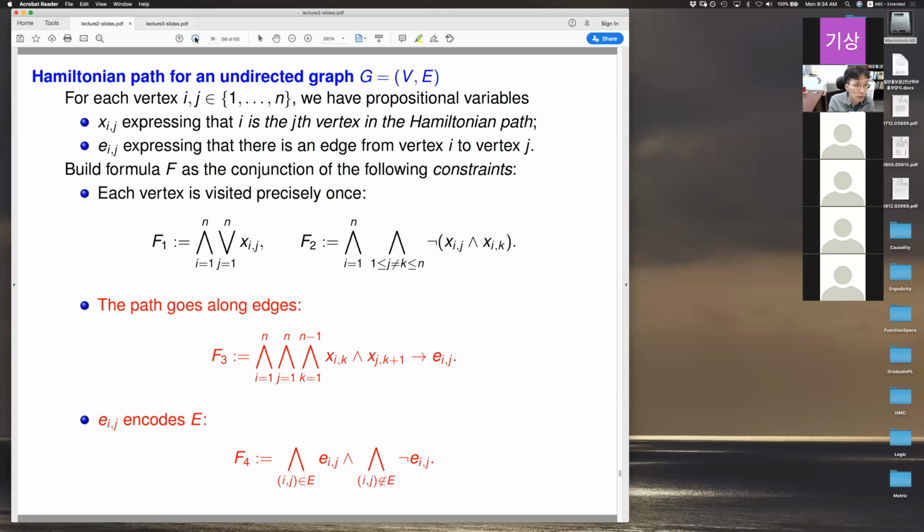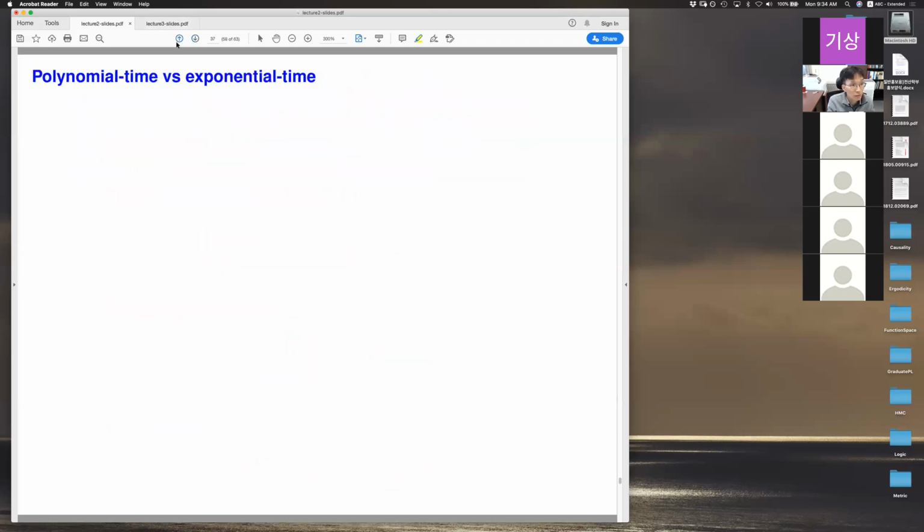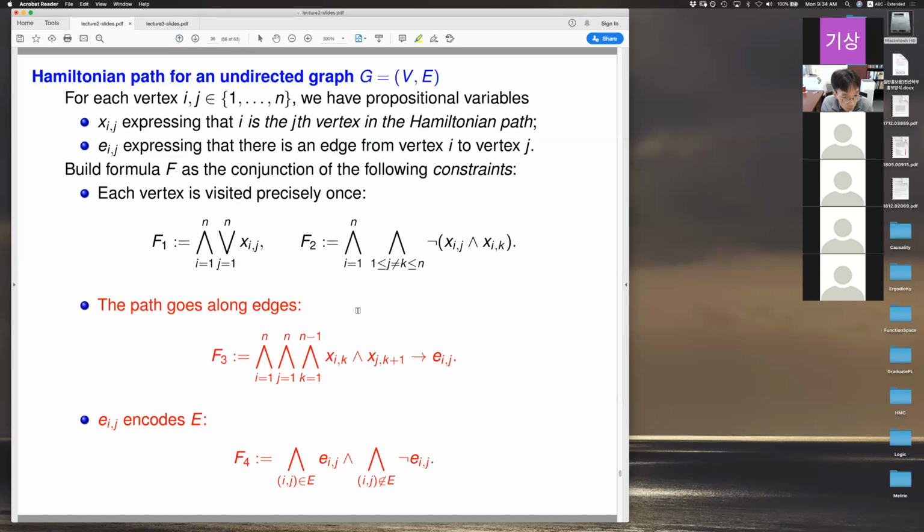Once you express all these, then we can call a SAT solver, and the SAT solver will either say yes or no to answer the existence of a Hamiltonian path. Often if the answer is yes, the SAT solver will also return the appropriate values for xij and eij, which we can use to construct the Hamiltonian path for the given problem.